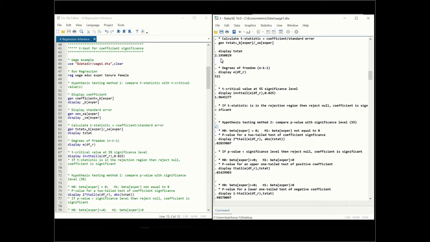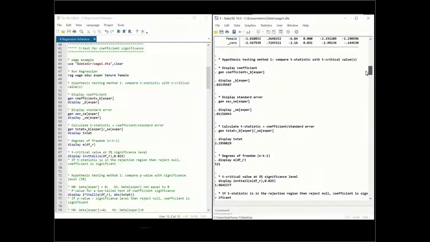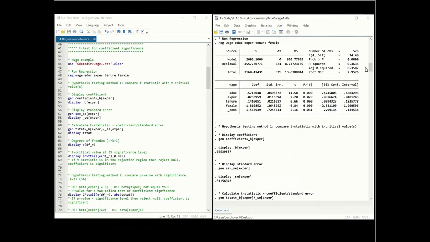The degrees of freedom, n minus k minus 1, is stored as e(df_r), the degrees of freedom for the residual. So this is already stored in Stata, and we would see that this is 521. So this degrees of freedom for residual, if you scroll up here, it's listed right here for the residual. So that's the same number as it is there.